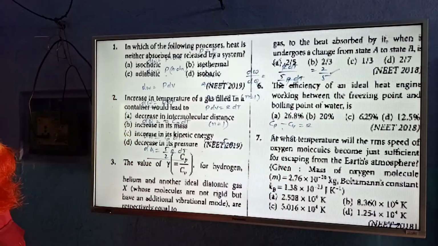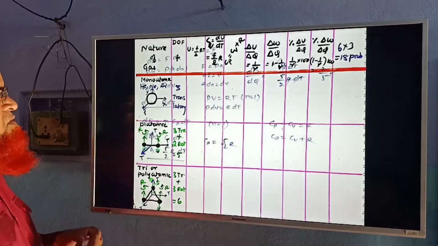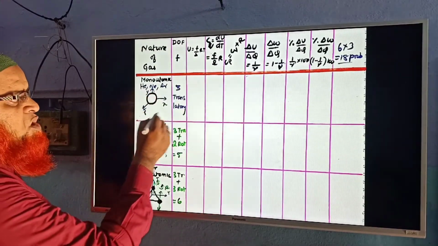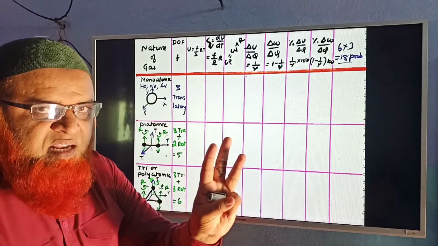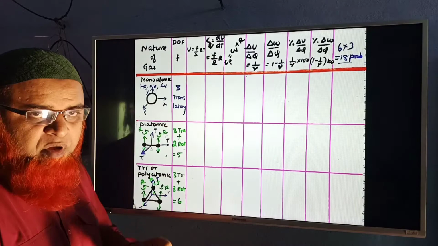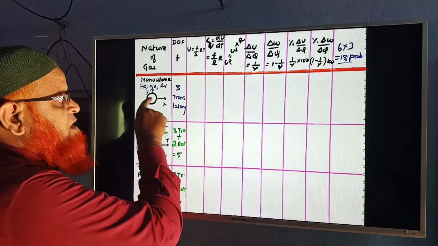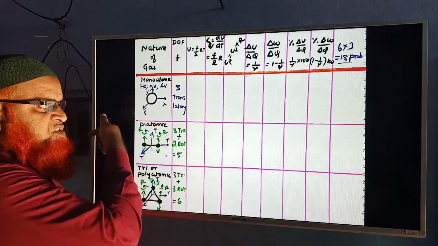Understood? So how many problems have we done nearly? So this is a shortcut table. How are you going to solve using this shortcut table? A monoatomic molecule has 3 translational kinetic energies: x-axis, y-axis, and z-axis.